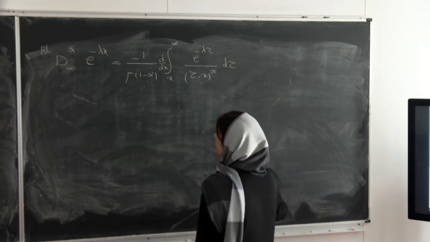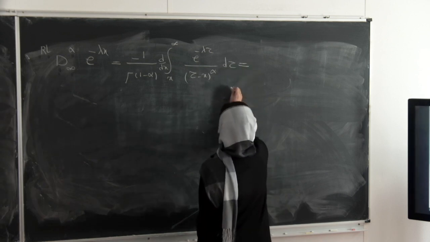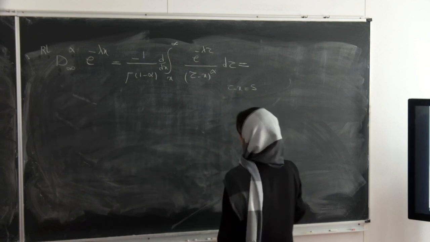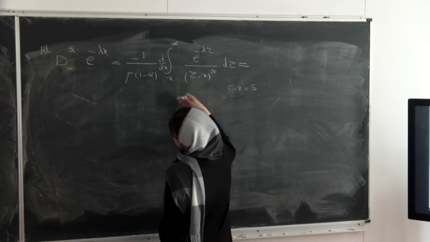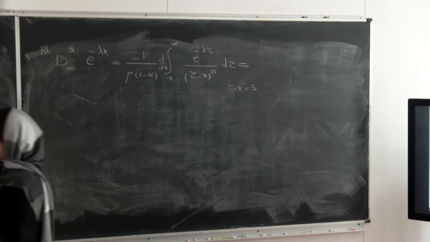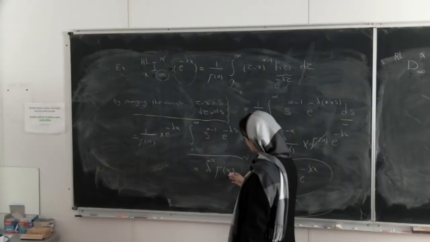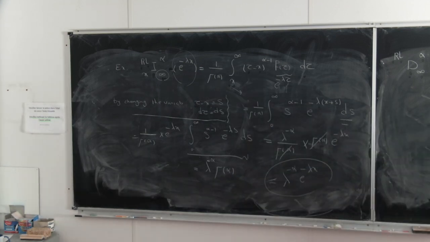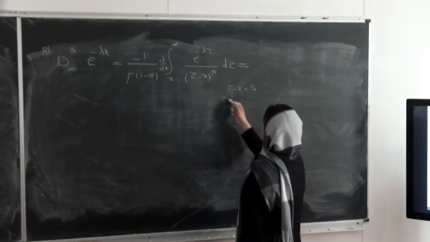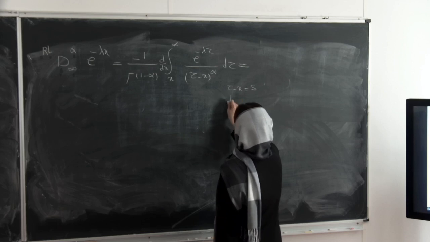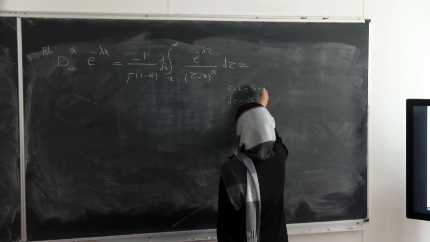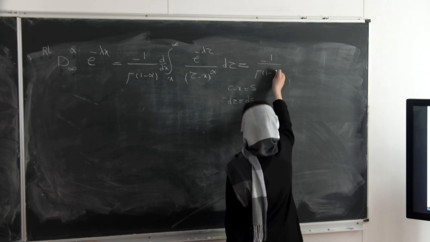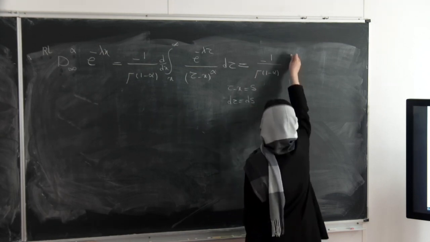Like that part, we can use the change of variable tau minus x equals s, because we want to use the definition of the gamma function, and for the gamma function we have integral 0 to infinity, and it's the reason that we use this change of variable. We have d tau equals ds, so here we have minus 1 over gamma of 1 minus alpha.